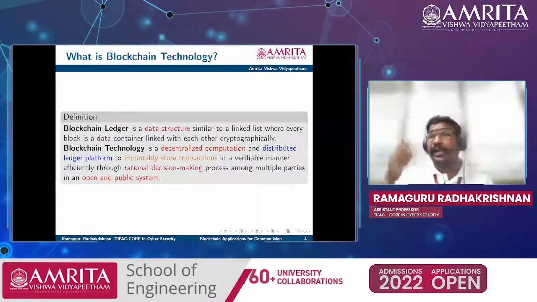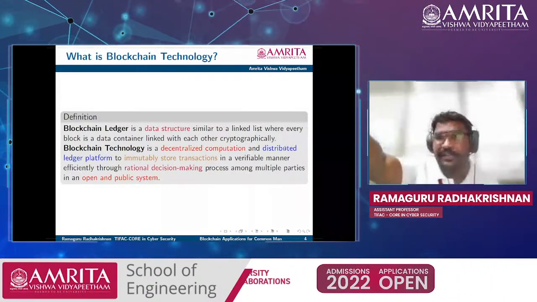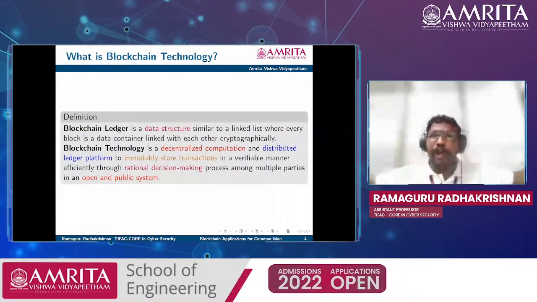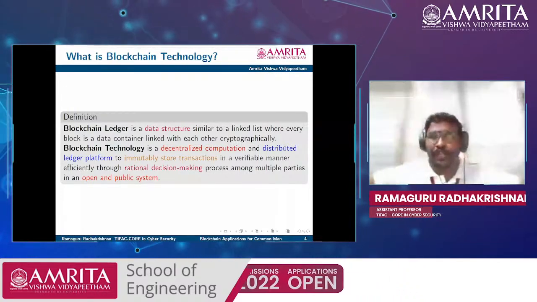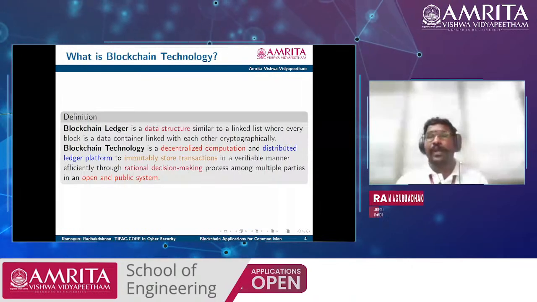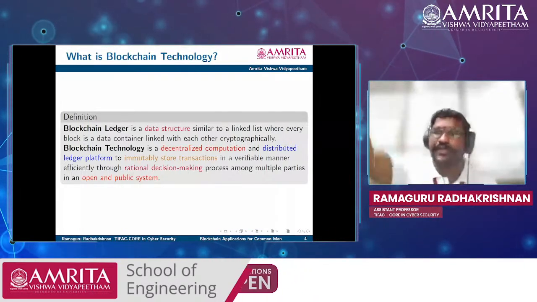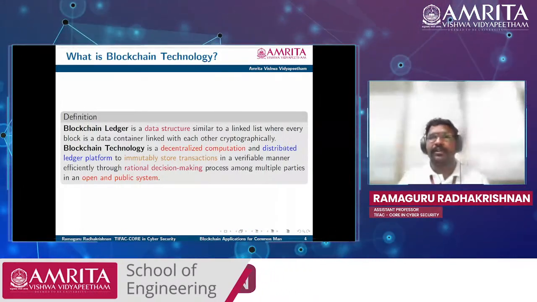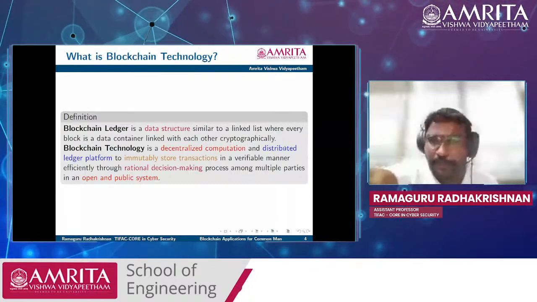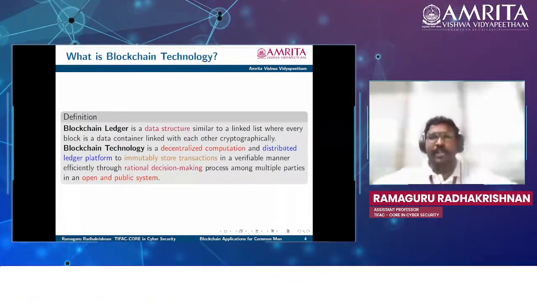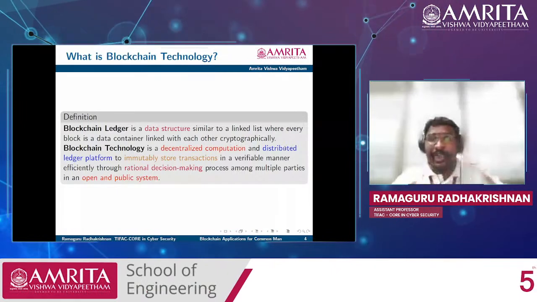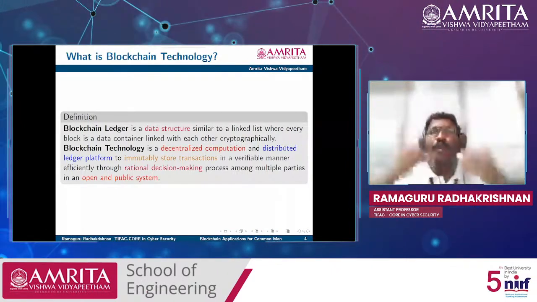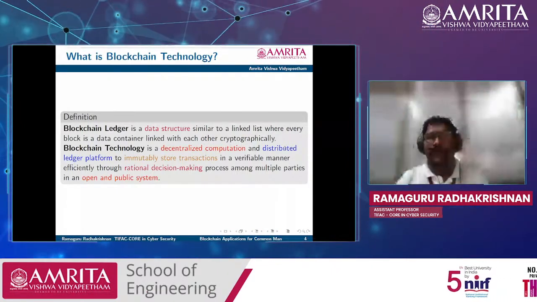And now this data that was there in the central bank is now available in all the machines that are part of the network. Now, whenever I want to do a transaction to someone, instead of sending the transaction to the bank, this blockchain network will broadcast this transaction to all the nodes which form the network.